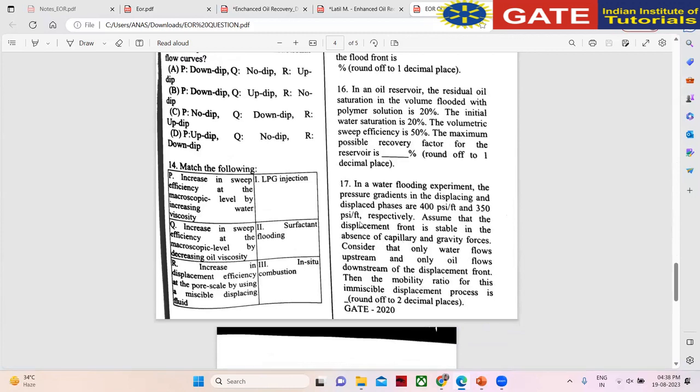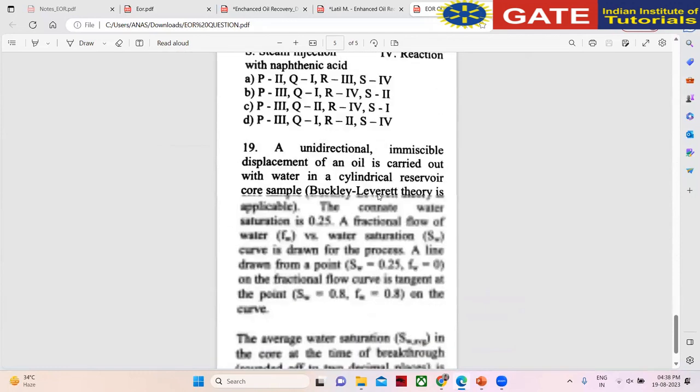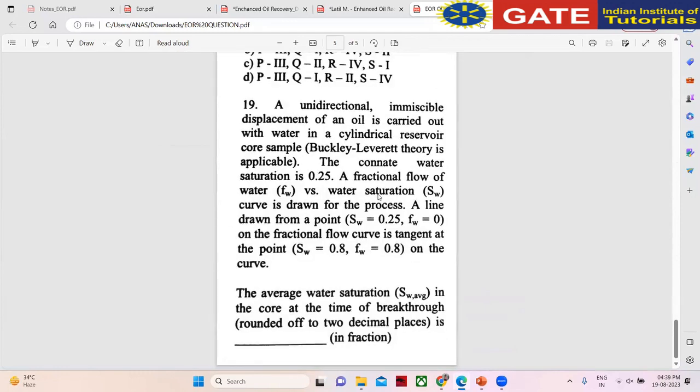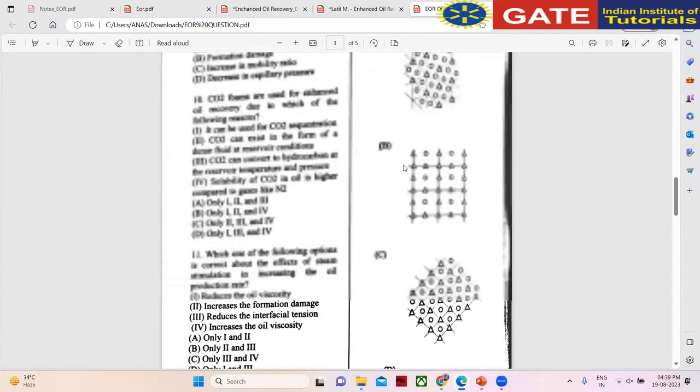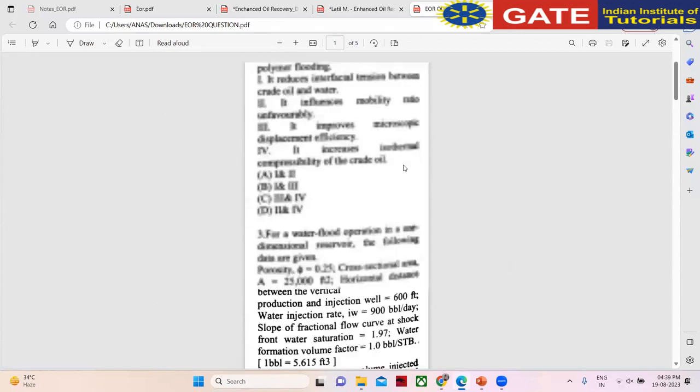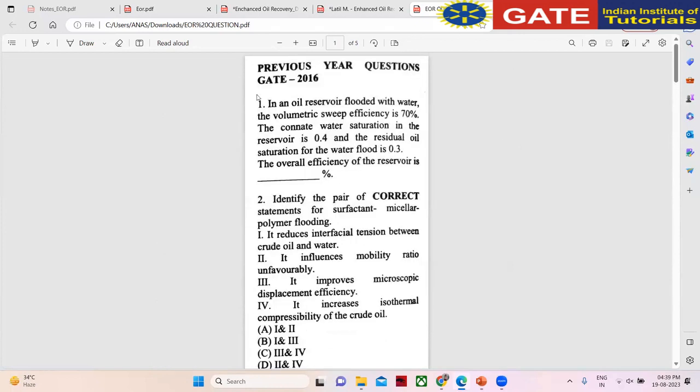This question is also from displacing and displaced phase or mobility ratio. All the questions are asked on mobility ratio, Buckley-Leverett theory and efficiency. So today's class is important from the question point of view, and the remaining concept will be discussed tomorrow.